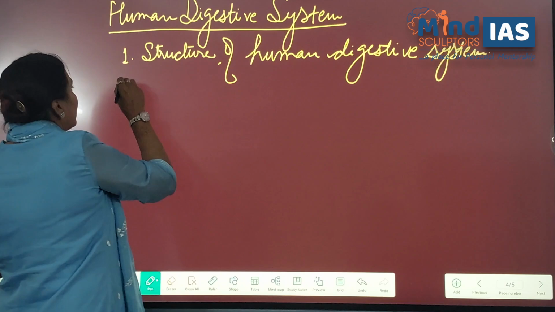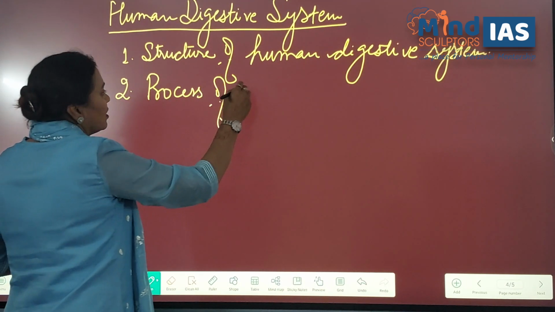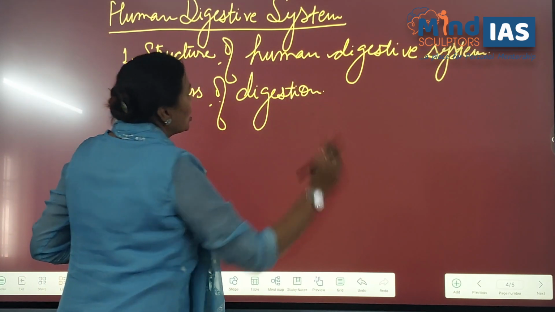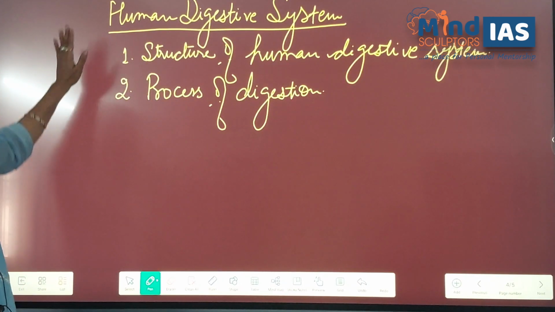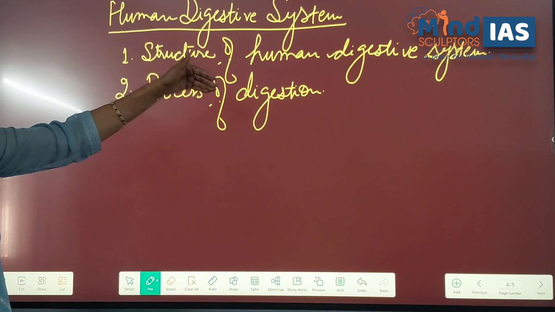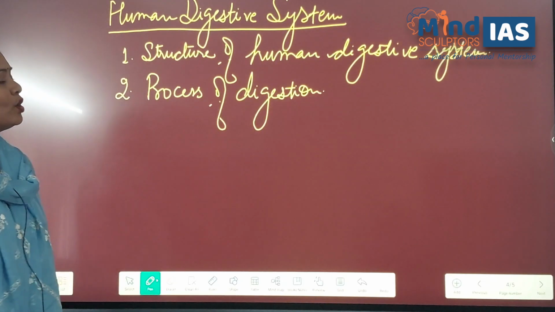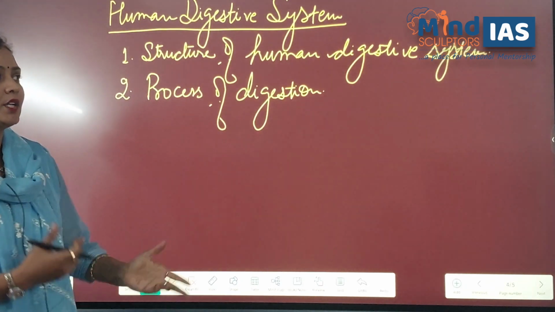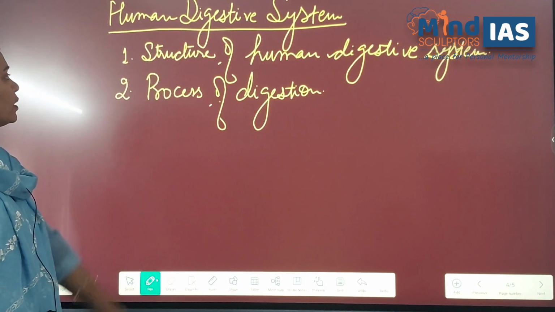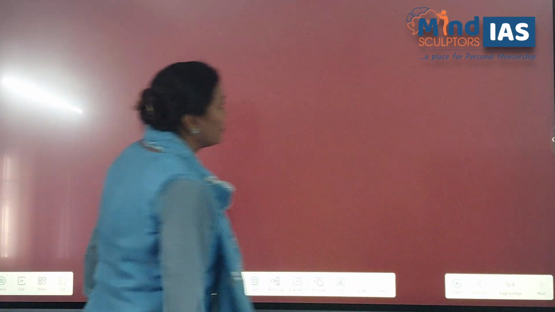And the second aspect, and the most important, is the process of digestion. So in this slide we are going to study the structure of the human digestive system, what its parts are and how they are divided, and the process of digestion, how we digest the different components present in food. So let's begin with the structure of the human digestive system.